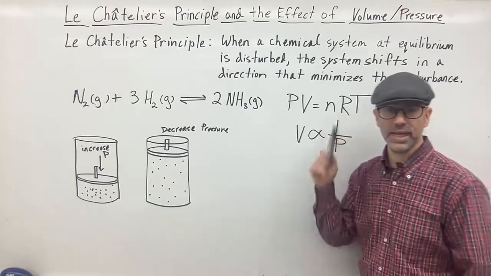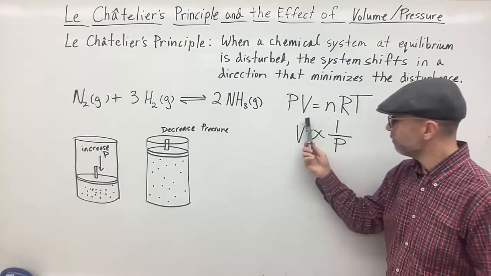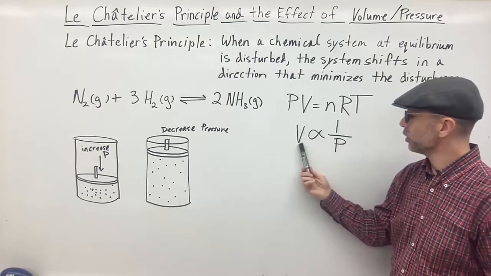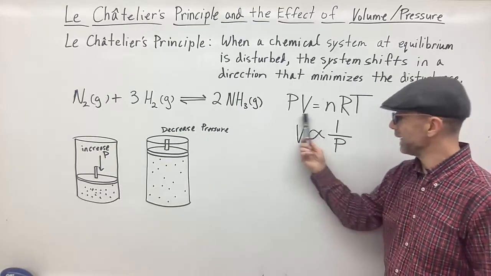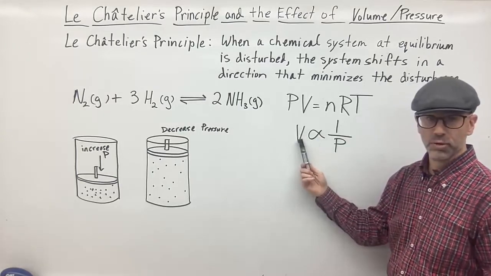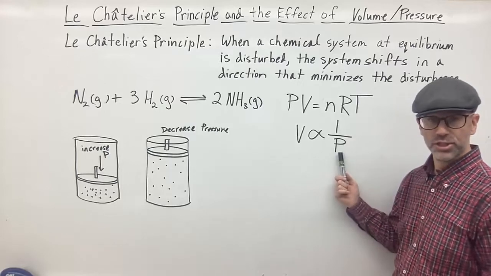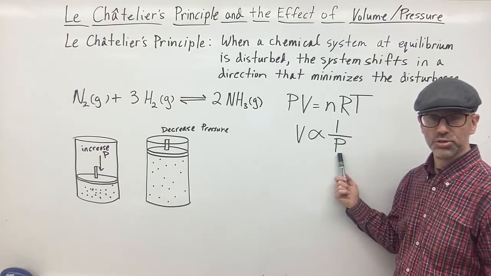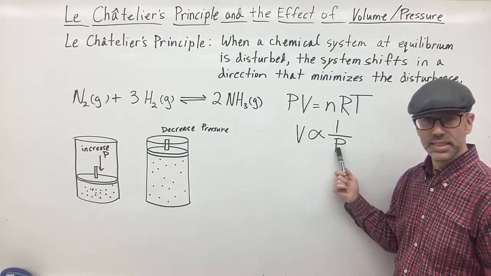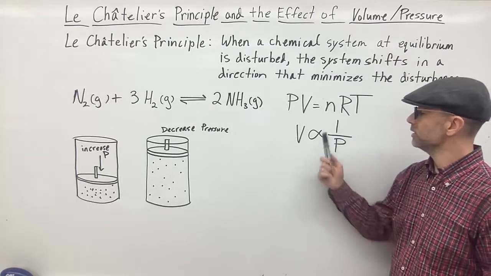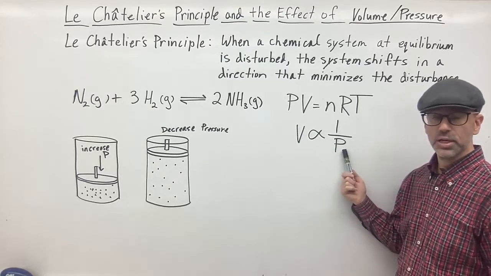But before we get to that, let's remind ourselves that the volume is inversely proportional to the pressure. So if you increase the volume of your system, then the pressure of that system is going to decrease. So increasing volume is going to decrease pressure, and decreasing volume will increase pressure.